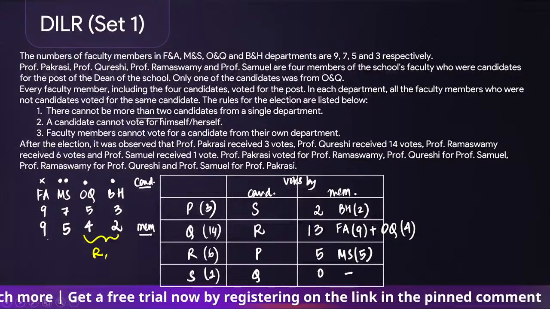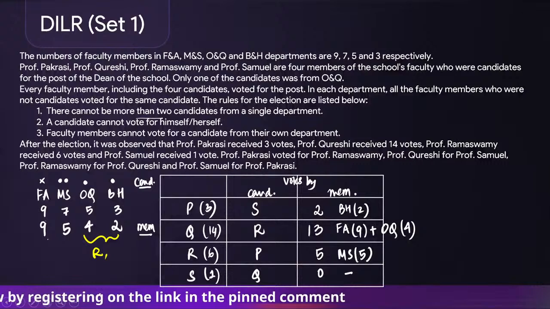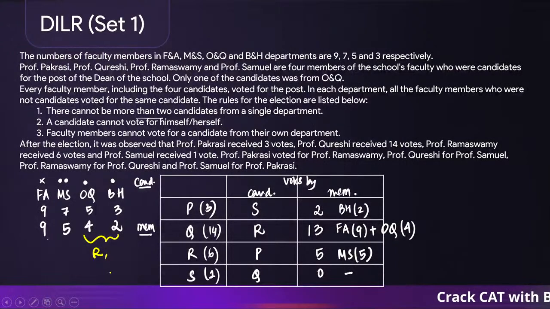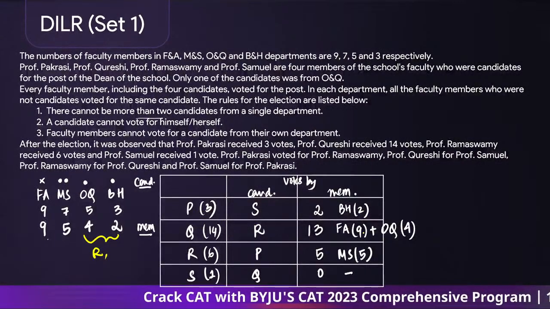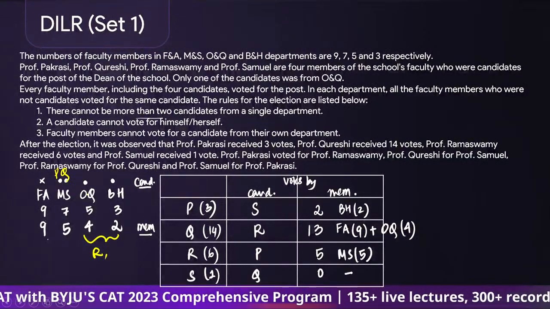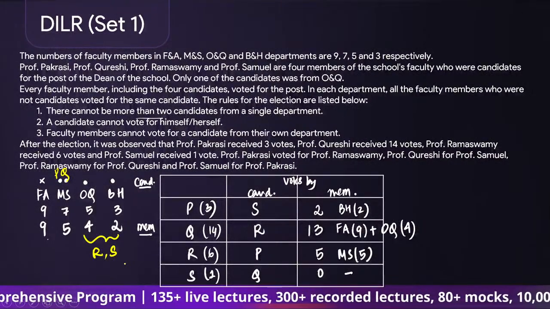And this was a vote from Q. So definitely Q and S are not from the same department. अब R को one vote जो मिला है, that vote could be from MS का एक बंदा और it could be from OQ or BH का एक बंदा, depending upon R is from BH or OQ. Now, if you look at P and Q, they did not receive votes from MS. That means they are from MS department. अब R और S इन दोनों में से कोई एक होगा. I'll repeat the logic.